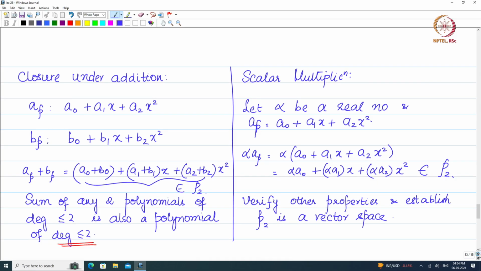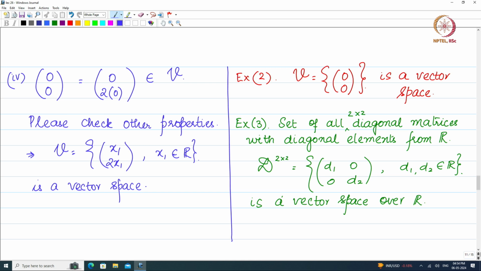Now, why are we doing all these things, where are we heading with all this? We will see in the next module when we look at systems of equations and their solutions. We will look at all these things in terms of the plane passing through the origin. In fact, the set of vectors of the form x1 comma 2 x1 that we did is a line passing through the origin in 2D.